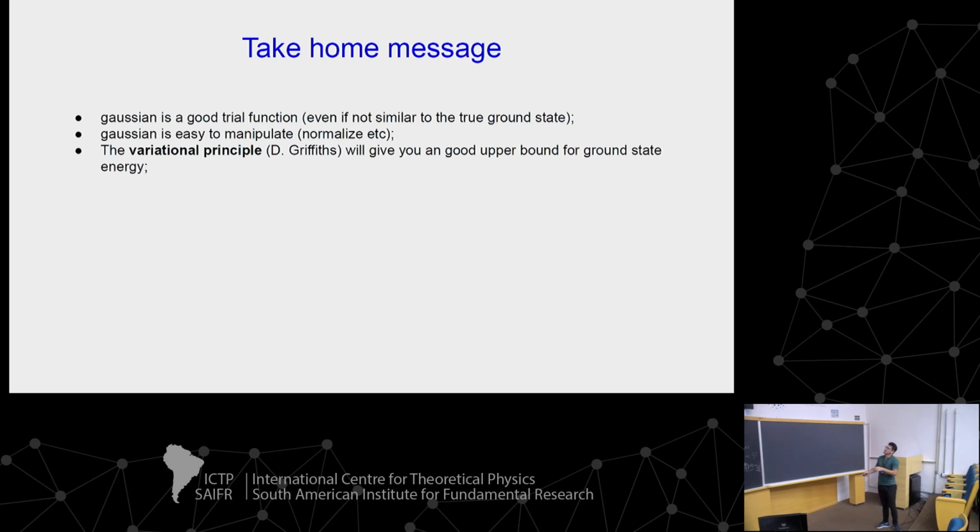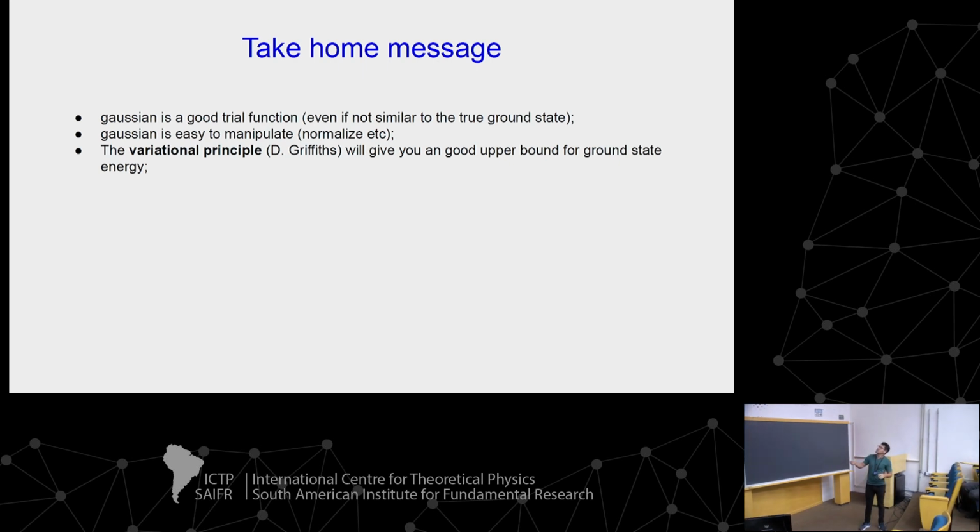Even if it's not the true ground state, if you are from physics, you already know that it's easy to manipulate, to normalize and then to use as your function. And the variational principle is the very first example in chapter 8, I guess, of David Griffiths' Introduction to Quantum Mechanics, the part on applications of quantum mechanics.